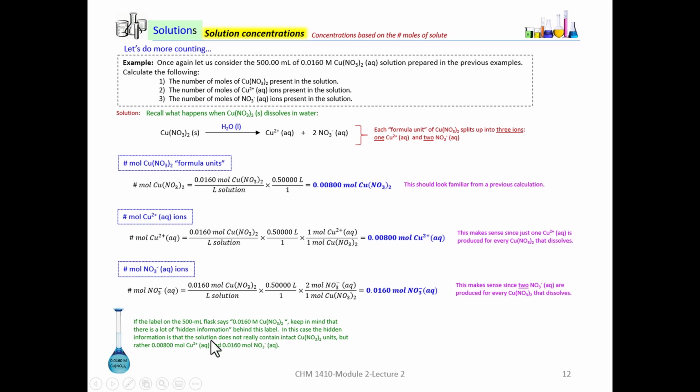In this case, the hidden information is that the solution does not really contain intact copper nitrate units, but in fact rather contains 0.00800 moles of copper ion and 0.0160 moles of nitrate ion. Now, in reality, the situation in the solution is not quite this cut and dry, so we will slightly modify this view in upcoming slides.